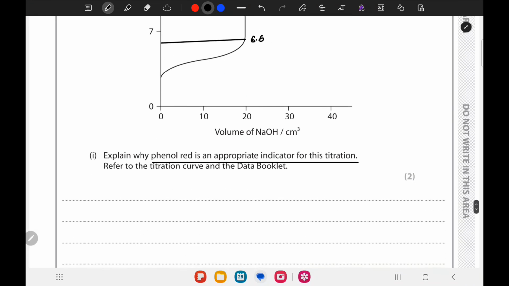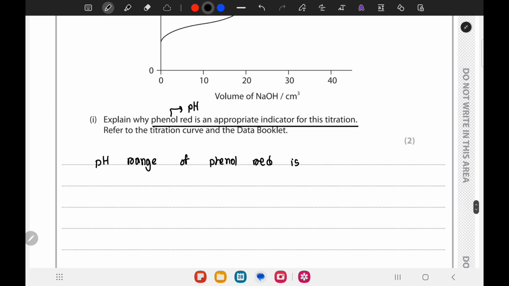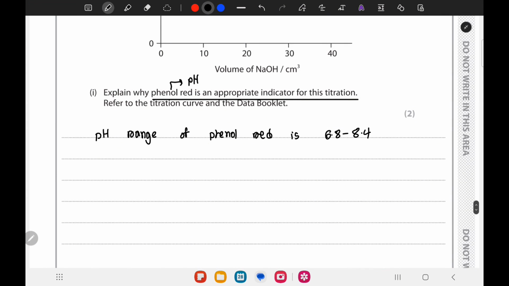Now I have to look at the pH range of phenol red. This can be found on page 19 of the chemistry data booklet. The pH range of phenol red is given to be 6.8 to 8.4.